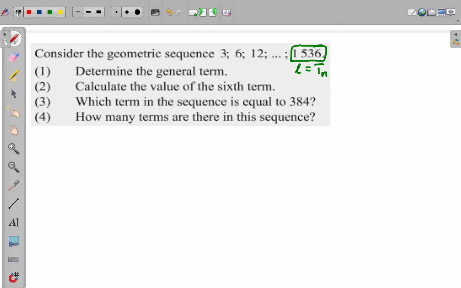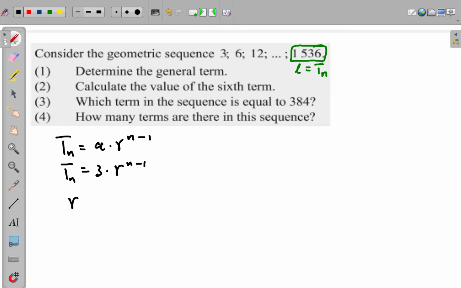Now, how do we find the general term? Well, first of all, we know that the general term of a geometric sequence looks like this: a times r to the power of n minus 1. And we know that a is the first term, so we have 3 times r to the n minus 1. We don't know what r is, but we know how to find r.